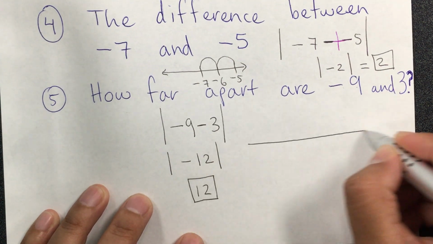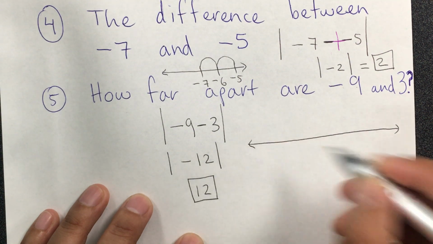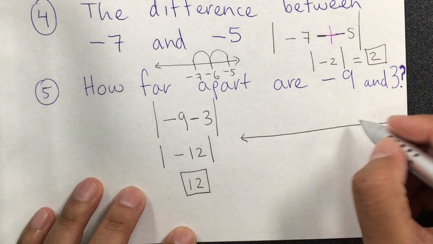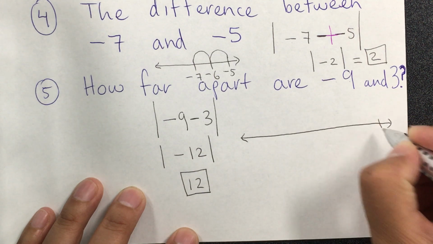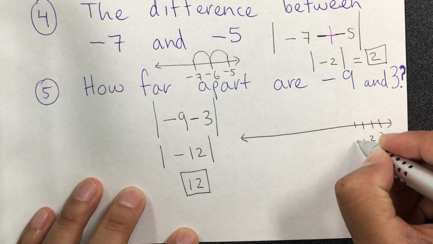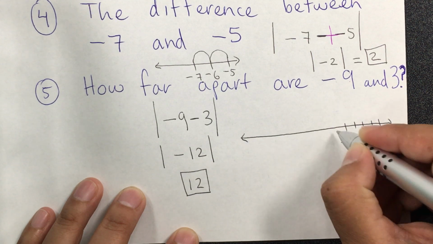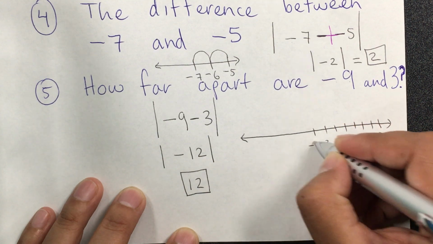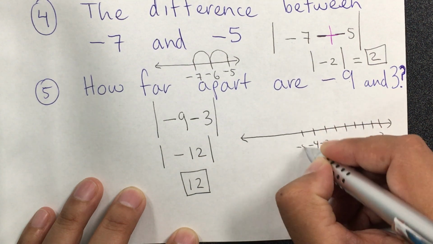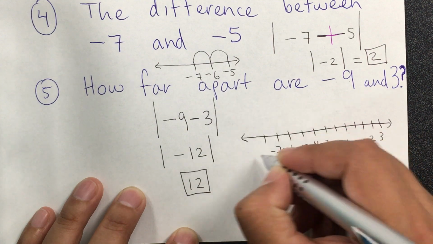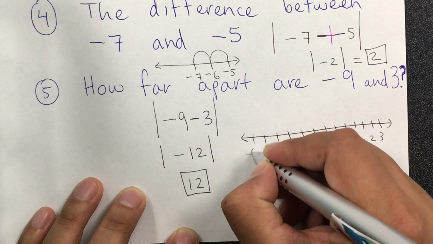If you look at the number line, sorry. Let's start at 3, 2, 1, 0, -1, -2, -3, -4, -5, -6, -7, -8, -9.